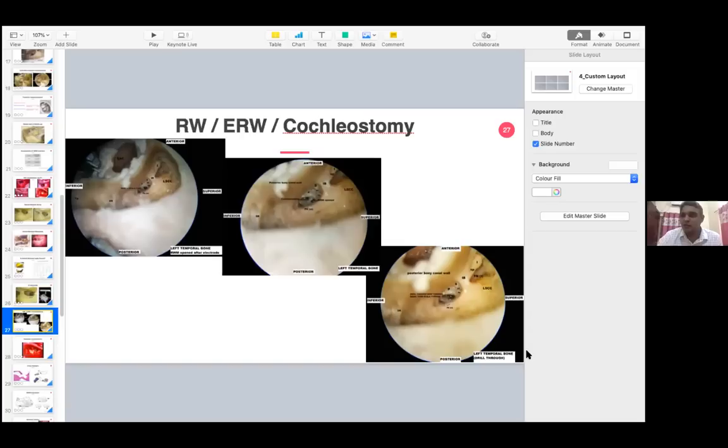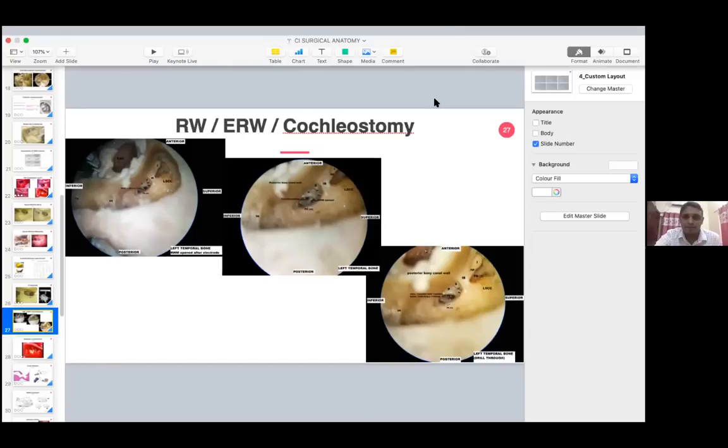So that might give you one clue that it has entered the scala vestibuli. And one more thing to add, as you go from the base towards the apex, the dimension of the scala tympani will reduce, the dimension of the scala vestibuli will increase. So invariably, if you are inserting a longer electrode, then that electrode will invariably enter into the scala vestibuli towards the apex.